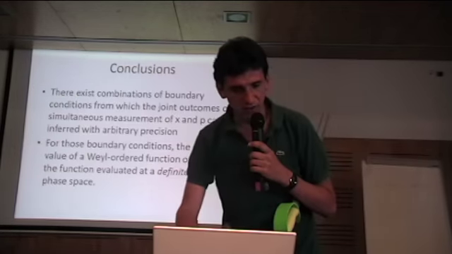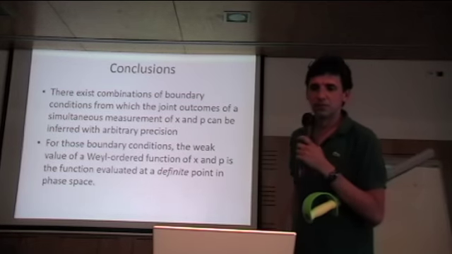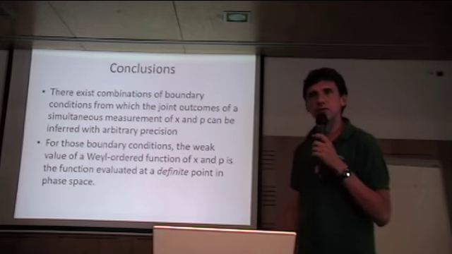Okay, so I'll conclude. Basically what we're saying is there exist initial and final boundary conditions that allow you to make a precise inference of a simultaneous joint measurement of two non-commuting observables, x and p.